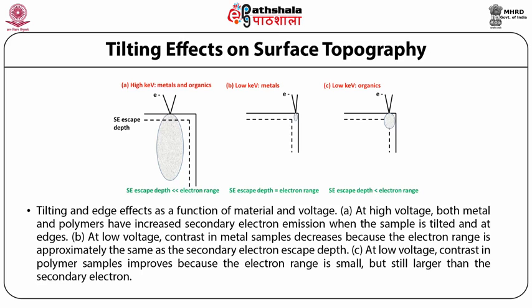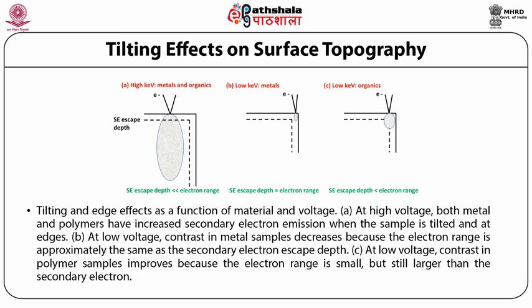The local differences in the secondary electron coefficient arise when there is an edge or a local tilting of the sample surface with respect to the primary beam direction.